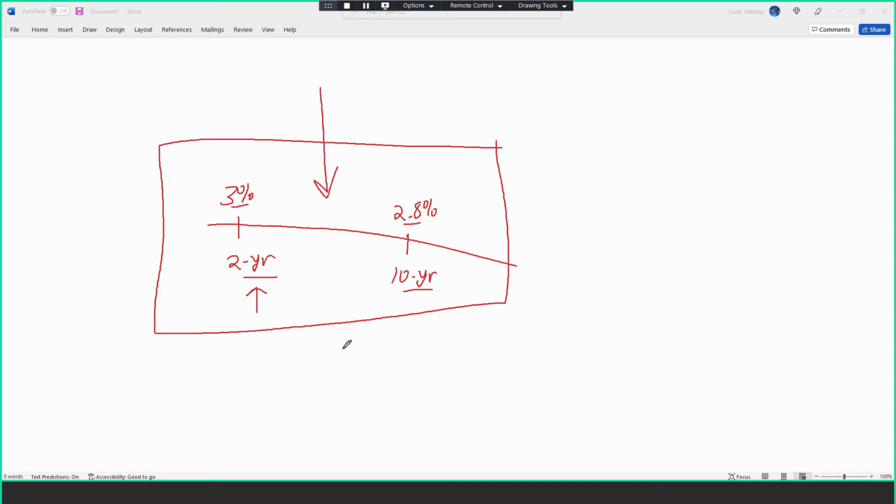Now, when you get an inverted yield curve, it's not like a recession is imminent. It's not like the next day or the next week a recession hits. In fact, it usually is a leading indicator, about 1 to 1.5 years in advance of the recession. But it really does a good job. When you have an inverted yield curve, it shows that there's a certain layer of stress.